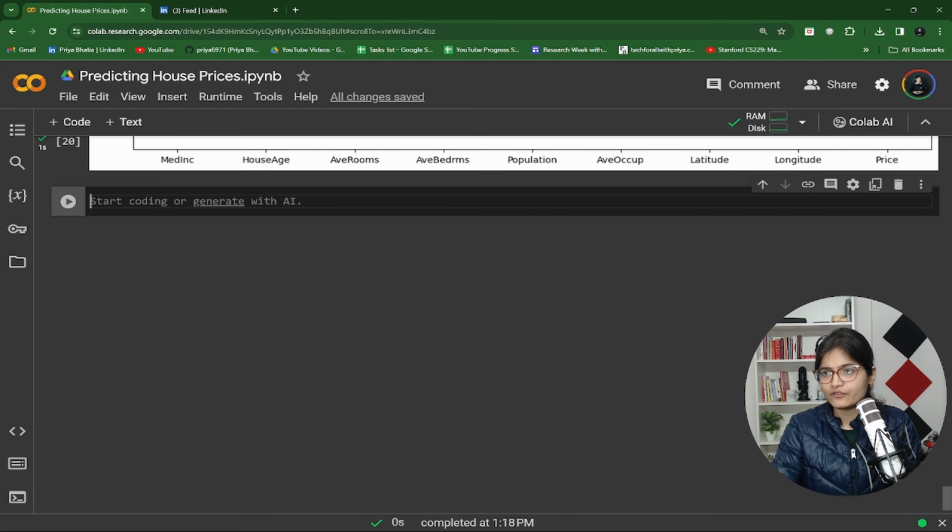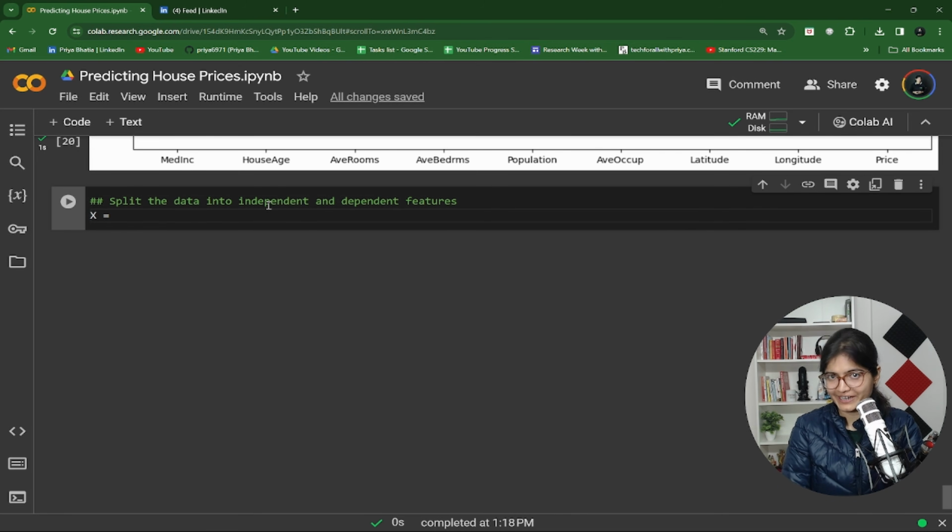So that is what we will try to do: scale our data points. Now, to do that, we will first split our data into two important components. One is the independent features, another one is the dependent feature. So I'll take the variable x.